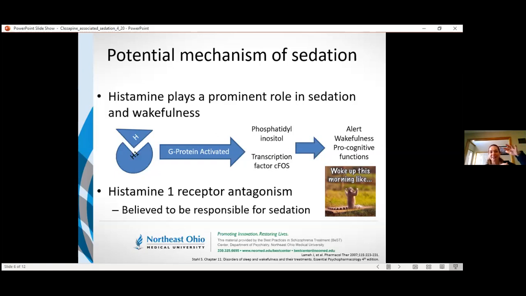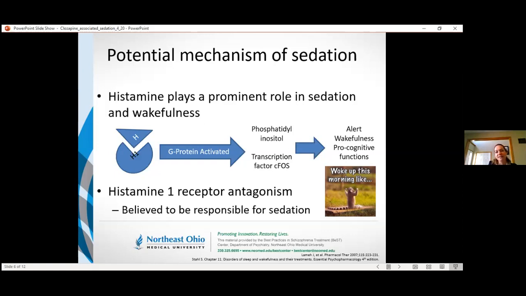Where antagonism may just block the activity of histamine and not allow for alertness or wakefulness, the norclozapine, being an inverse agonist, may actually promote sedation and sleepiness and the inability to really perform highly on some of the cognitive activities. So we're starting to lay the groundwork a little bit on what might be some potential treatment options.